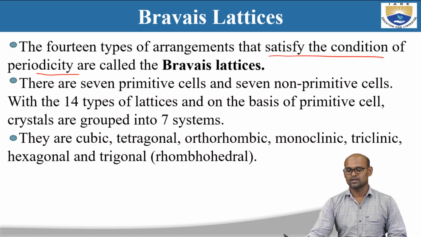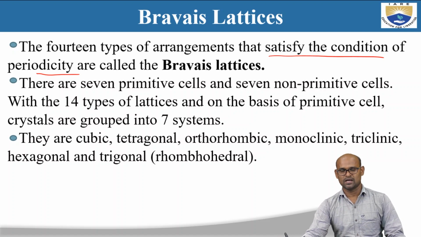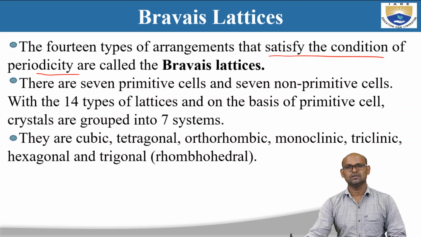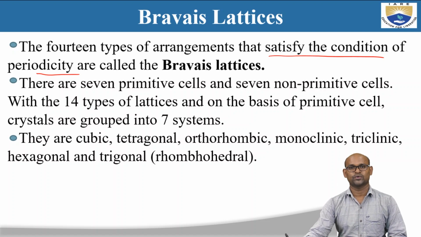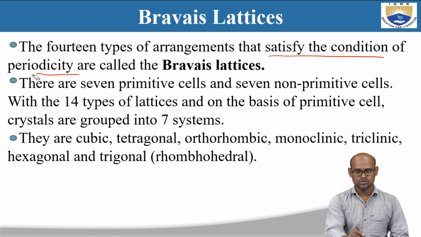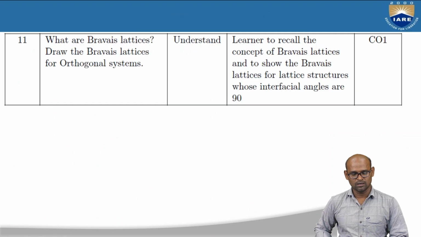The constraint is that they have to satisfy the property of periodicity; only then we call those lattices Bravais lattices. These 14 Bravais lattices are classified into 7 crystal systems: cubic, tetragonal, orthorhombic, monoclinic, triclinic, hexagonal, and trigonal.